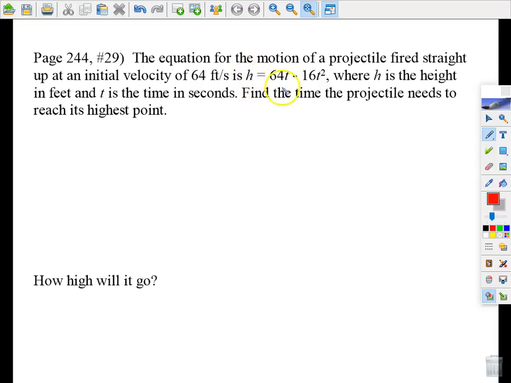So we can know at any given time after it's fired, after so many seconds have passed, how high the projectile goes. And if we turn this around into more familiar terms, which you may want to do, we could write it like this, just putting the quadratic term first. This is a little bit more familiar to us. This would be more like the standard form that we've been working with. Okay, so you're not doing any harm.